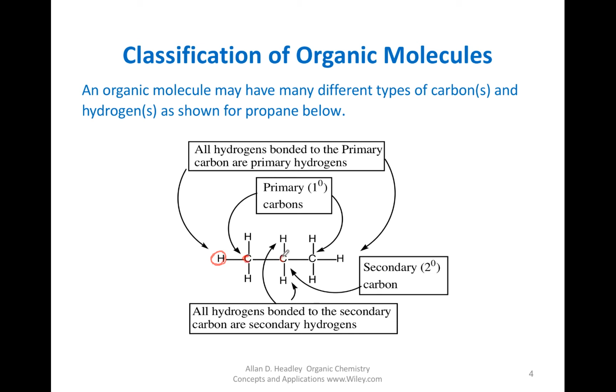This carbon is bonded to one other carbon, so these hydrogens are primary hydrogens. This other carbon is bonded to two other carbons, so it is a secondary carbon, and the hydrogens bonded to that carbon are called secondary hydrogens. So you should be able to classify the hydrogens of an alkane as primary, secondary, or tertiary.